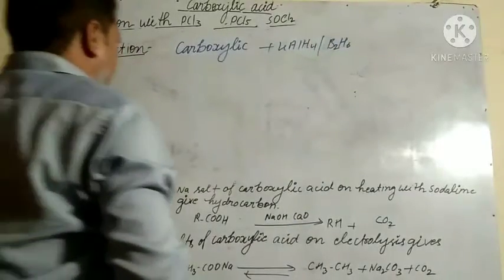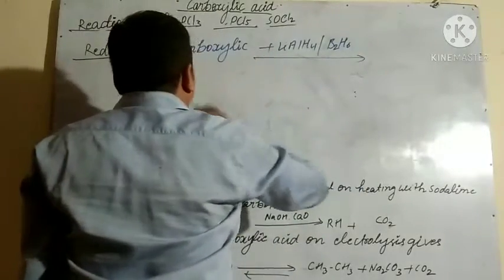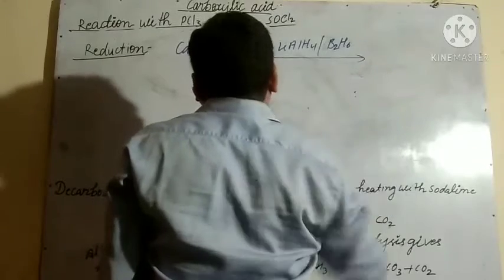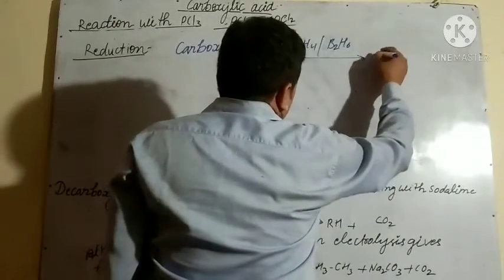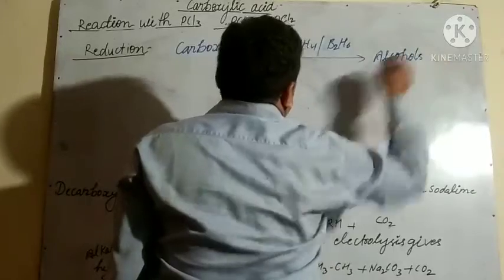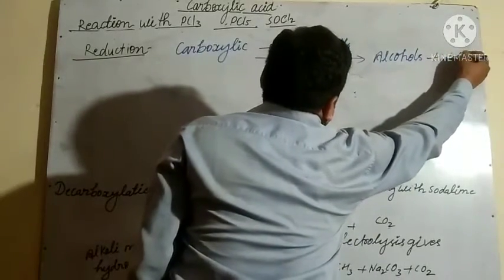Lithium aluminum hydride or diborane can be used as a reducing agent, and it reduces carboxylic acid to alcohol and water. So we will see the main product here.